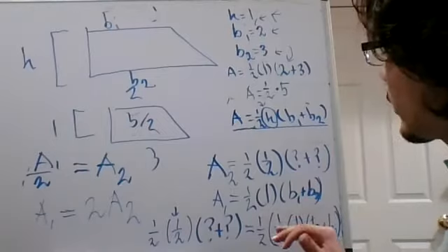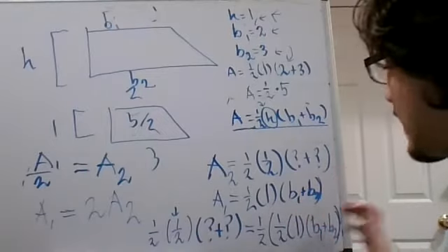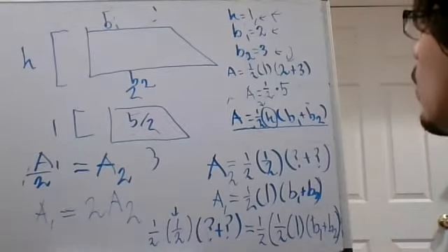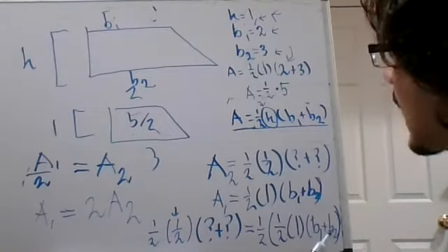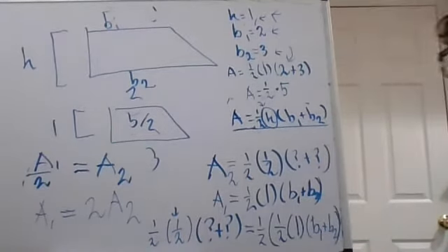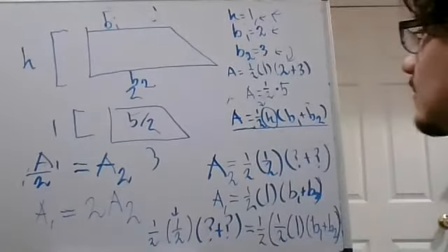While we can pretend that we don't know what our original base 1 and base 2 were, what we will say is that base 1 plus base 2 was equal to 5. So let's pretend this was 5. I need to make space.